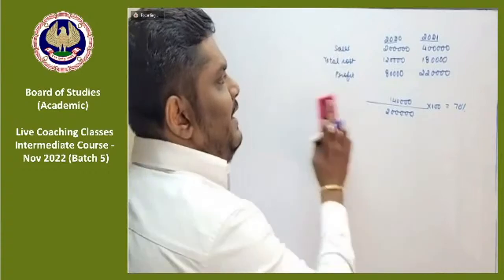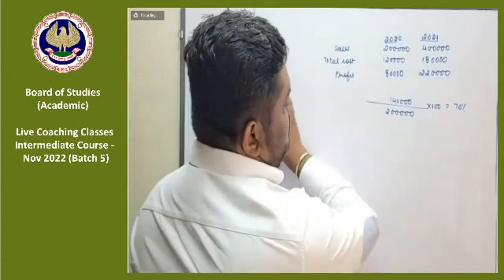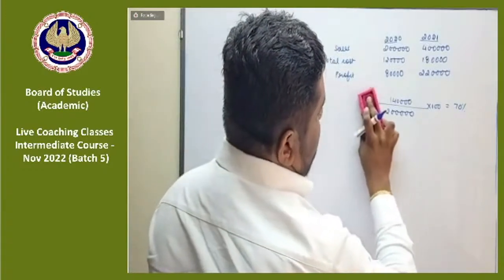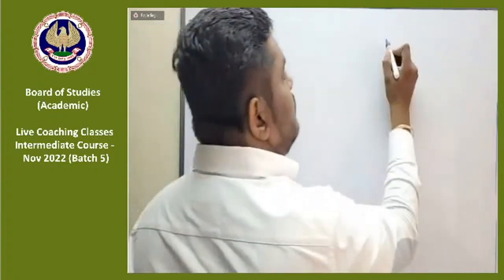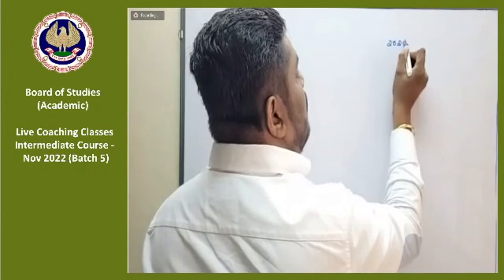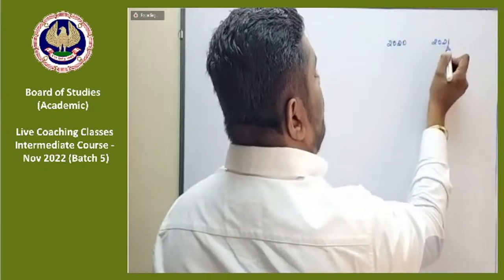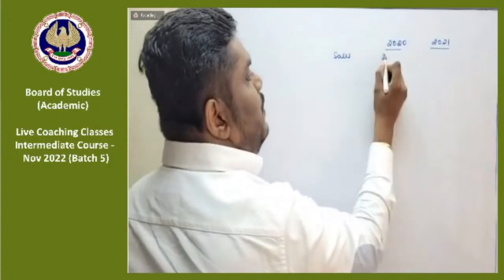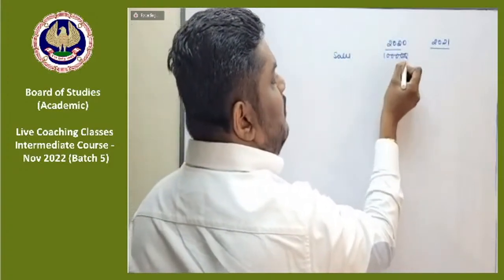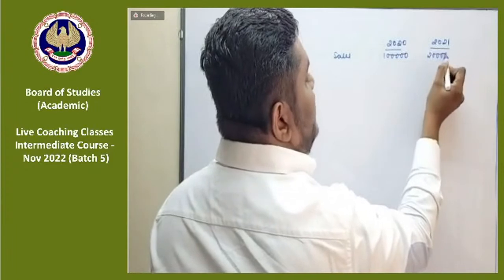One more question, guys. Let's say my sales is 1 lakh in 2020 and 2 lakh in 2021.